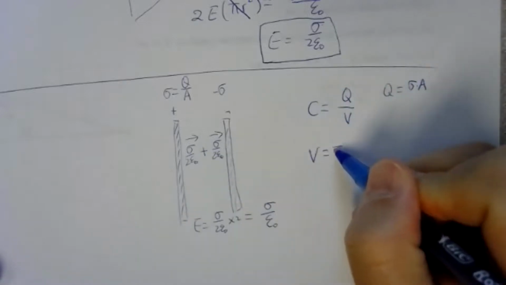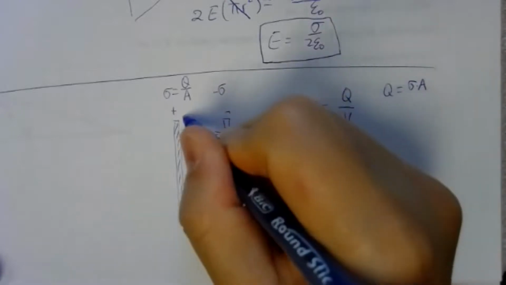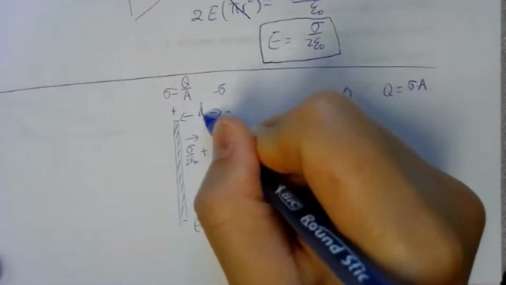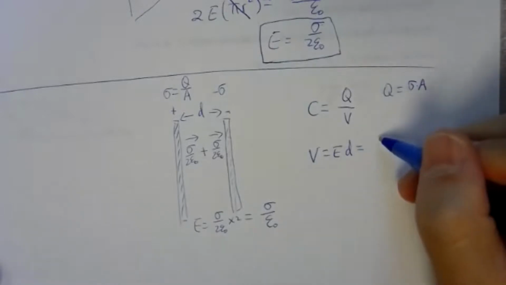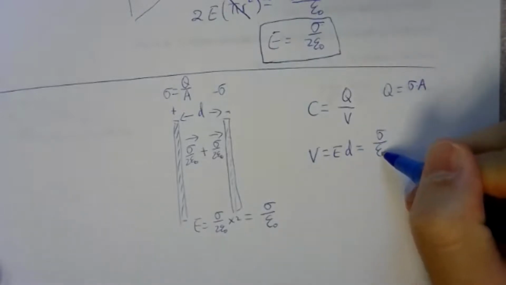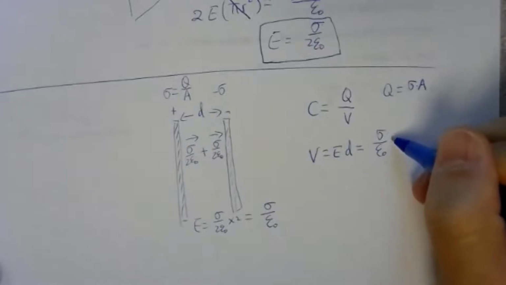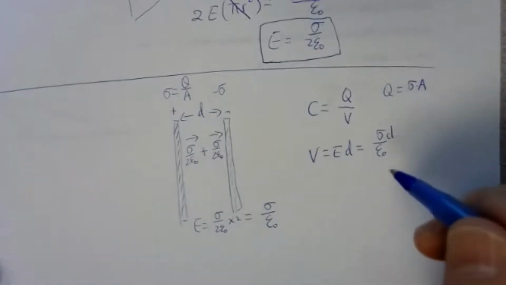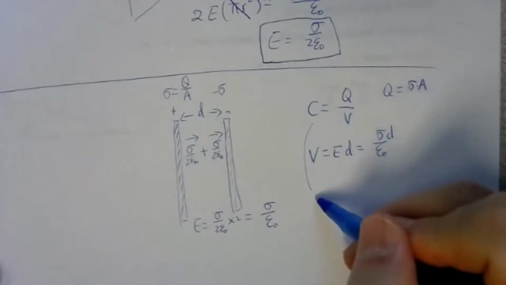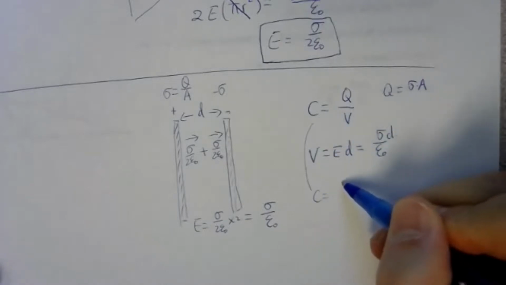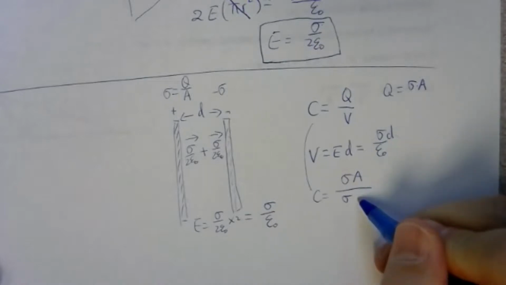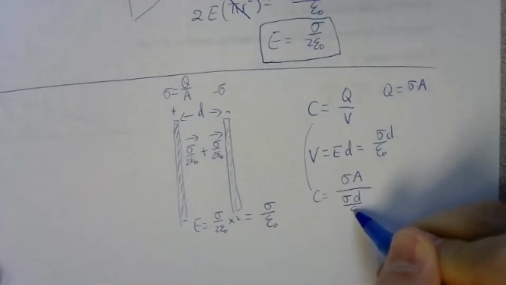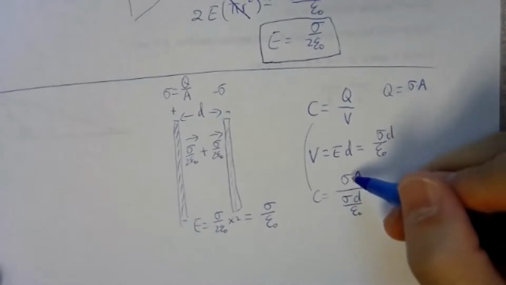That should be equal to the E field times the separation of the two plates, so V is equal to sigma over epsilon naught times D. So you can see C is equal to Q, which is sigma times A, over V, which is sigma times D over epsilon naught.